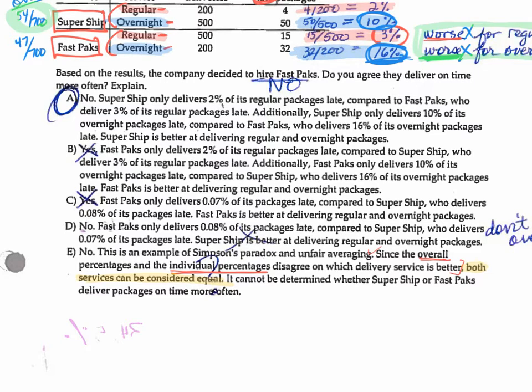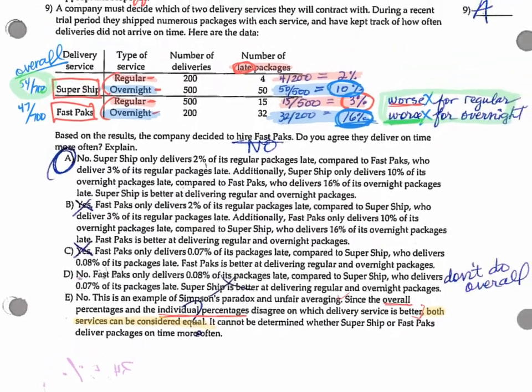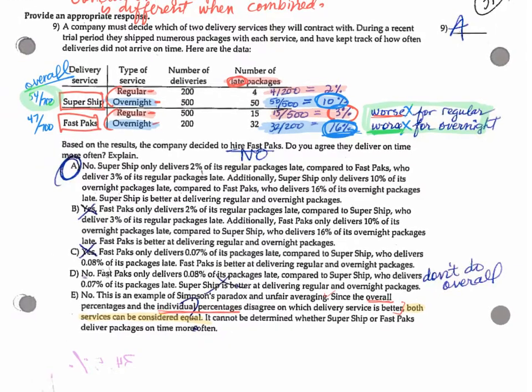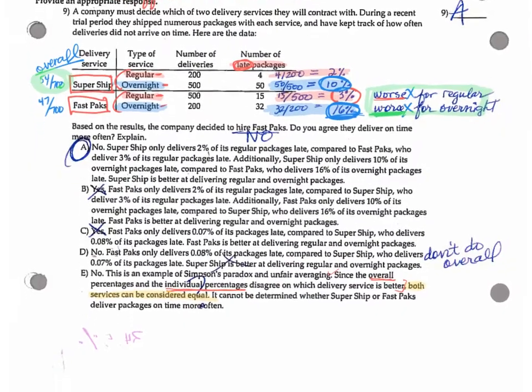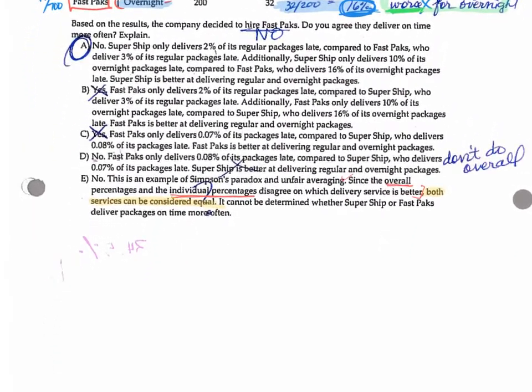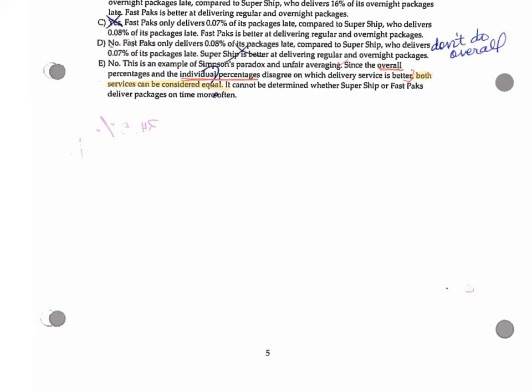It cannot be determined whether Super Ships or Fast Packs delivers on time more often. No, that's not true. You have to use your common sense and know that listing them separately is fine. There's obviously different things going on during regular service and overnight. So the separate is the way to test them out. So that's why E is not correct.